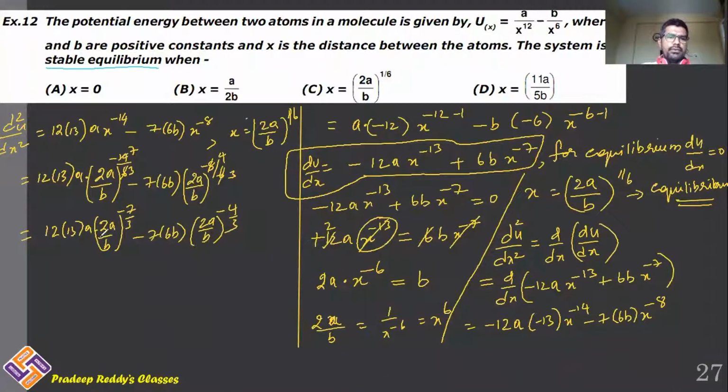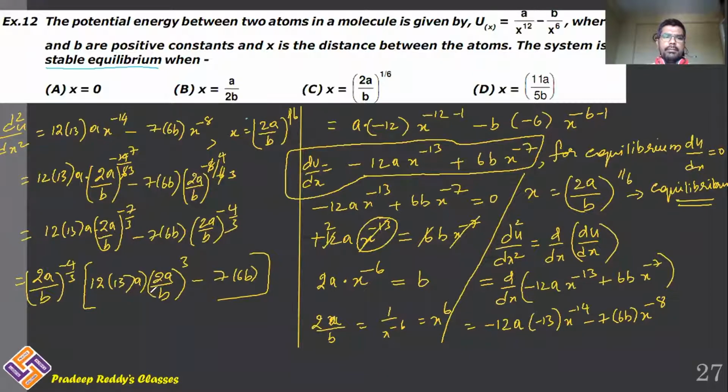Okay, so 2a by b, I can take it out. 2a by b whole power minus 4 by 3, I can take it out. This gives you 12 into 13a into what is left over here. Minus 4 has come out, remained will be only 3. That is 2a by b whole power 3 minus 7 into 6b.